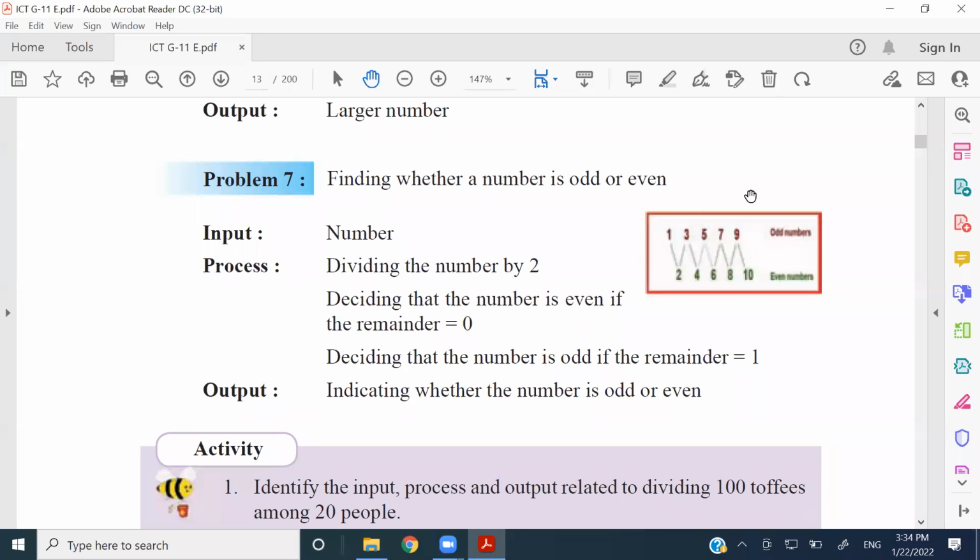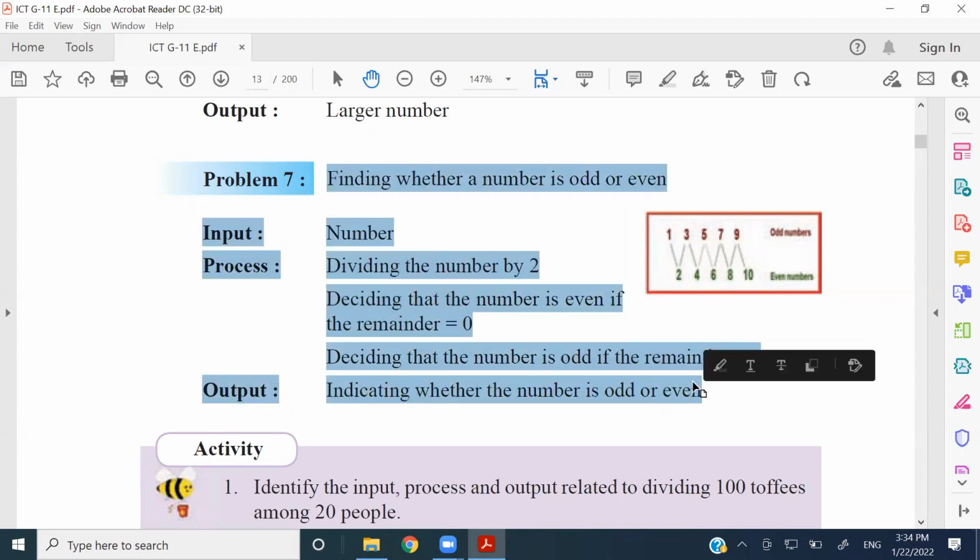Here they are trying to figure out whether a given number is odd or even. They take the number as the input and divide it by 2. Then you decide the number is even if the remainder is 0, or odd if the remainder is 1. Those will be the conditions, right? And as the output, we indicate whether the number is odd or even. So write this as the third example.